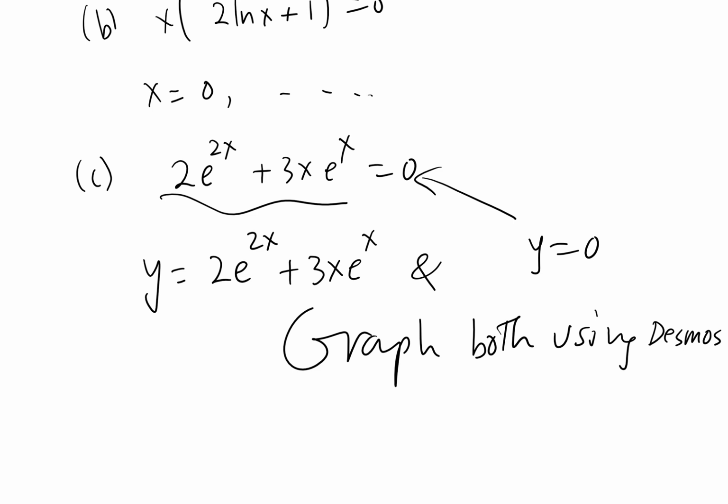The good thing with Desmos is that as soon as you hit the point where the graph crosses the x-axis, you will be able to see the points. It will tell you the x value or values.